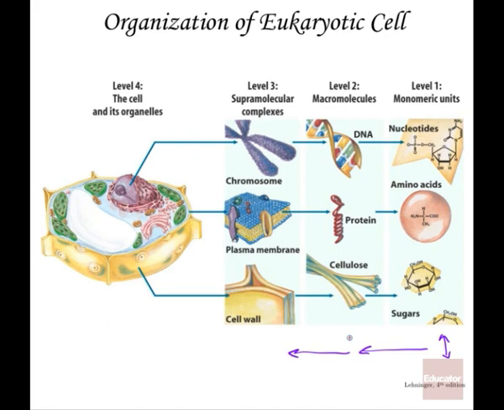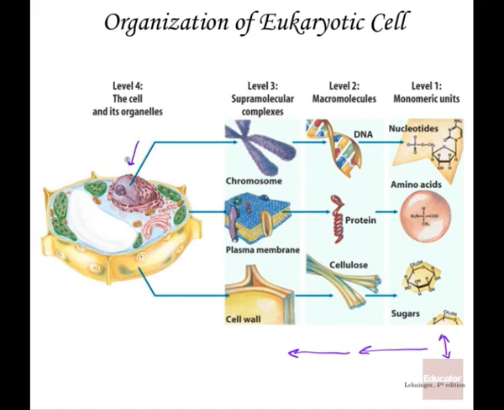We have our amino acids and proteins that serve as protein channels. We also have lipids, and we form our plasma membrane that way. We have our nucleotides, our DNA, our chromosomes, and they are all housed in our nucleus.